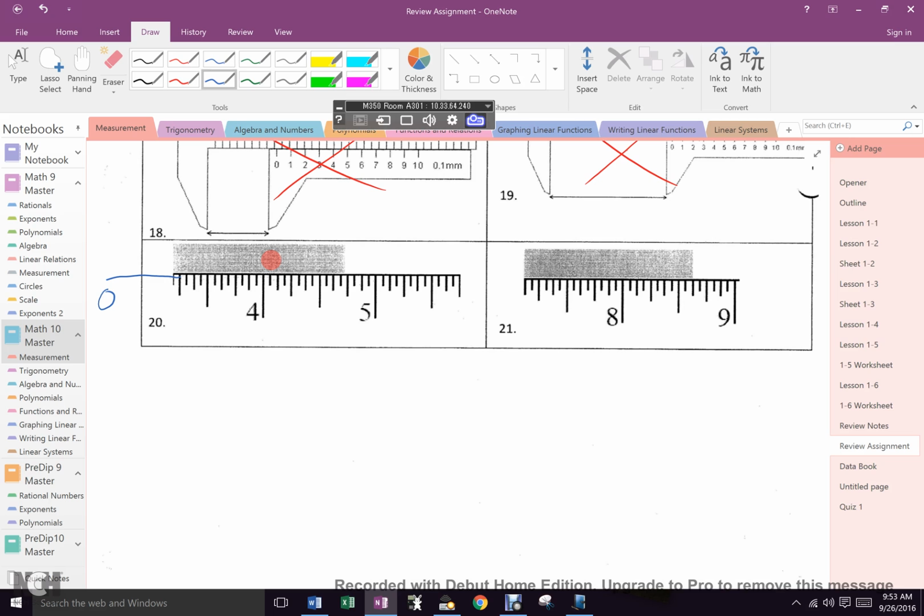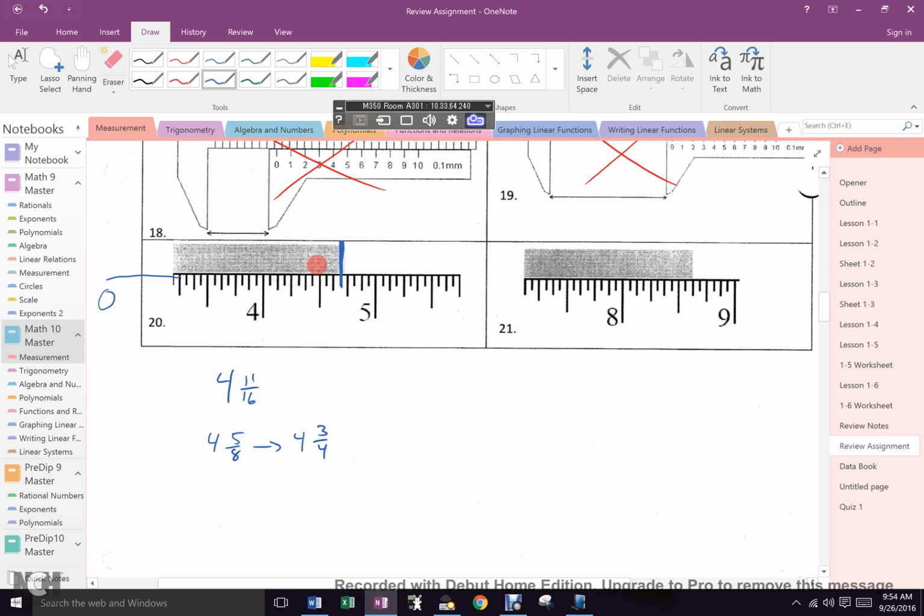I'll write down the right answer. Okay? So this first one is 4, and I'm going to say it stops right there, which is 11/16. Your photocopy is a little blurry, so I will accept 4 5/8 up to 4 3/4. Okay, I will accept anything in that range.